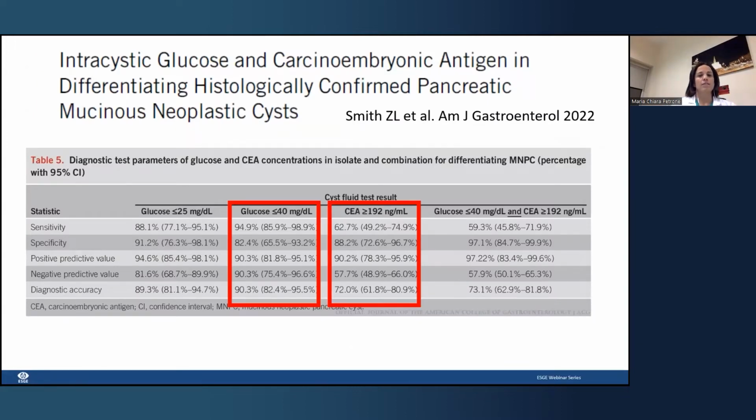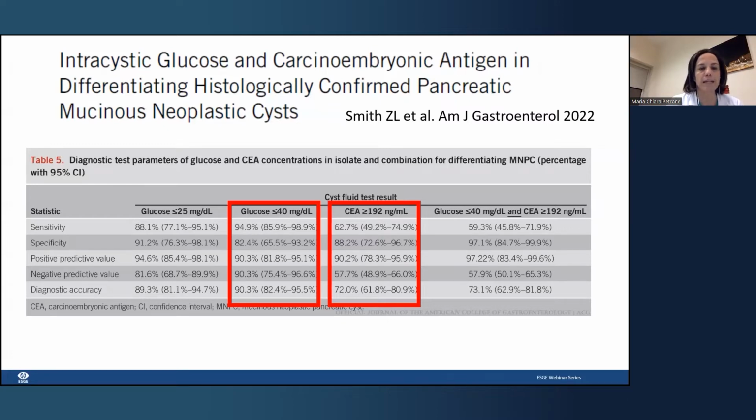And this is another study recently published that confirms the results of the previous meta-analysis. However, I would like to show you because the gold standard in this study was histology for all the patients included. So the aim was to compare again glucose and CEA concentration in differentiating mucinous lesions versus non-mucinous ones.